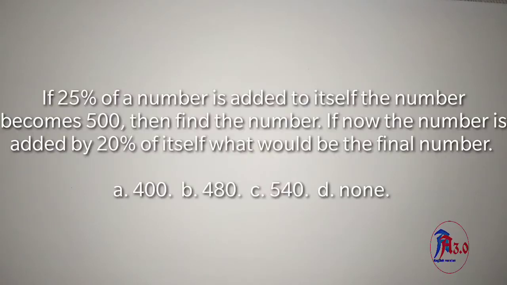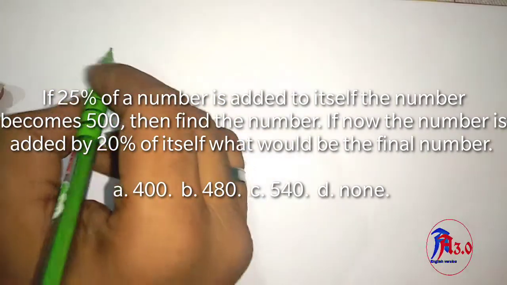So here again I have taken another type of question. I'm going to explain you this somewhat tougher, higher level question. Question is, if 25 percentage of a number is added to itself, the number becomes 500. Then find the number. If now the number is added by 20 percentage of itself, find the number. Let us see.